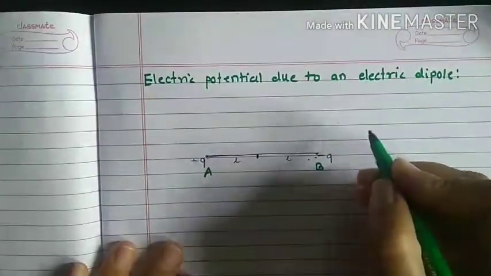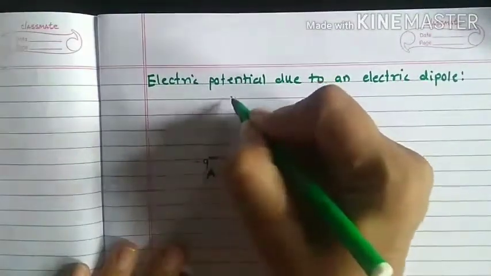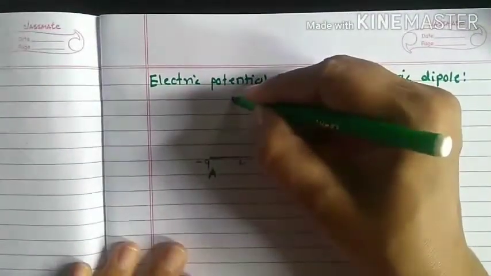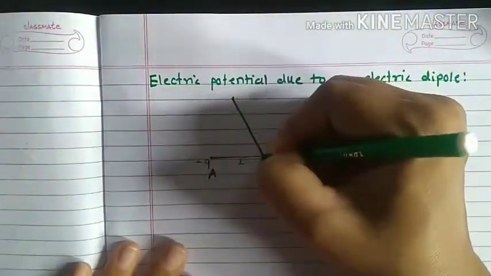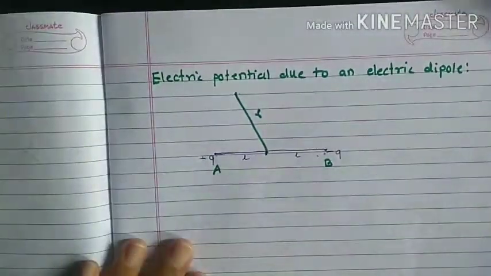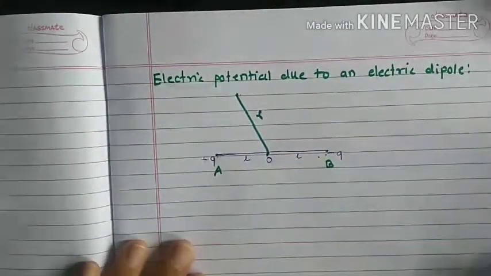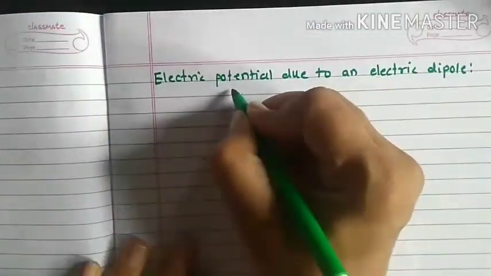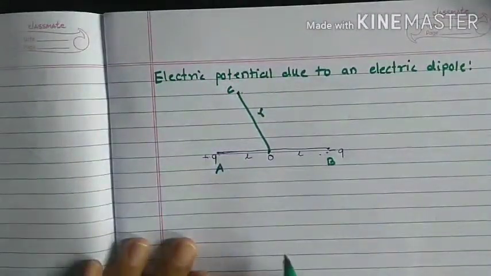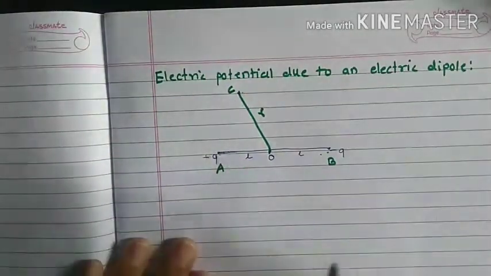Let me select point C, at a distance r from the center of the dipole. Let O be the center of the dipole. And our aim is to find the electric potential at point C.